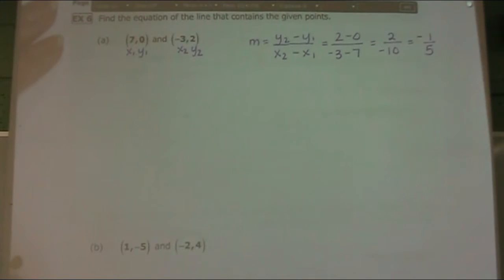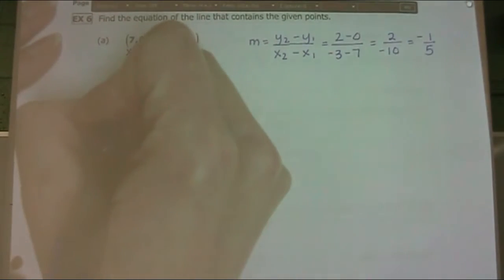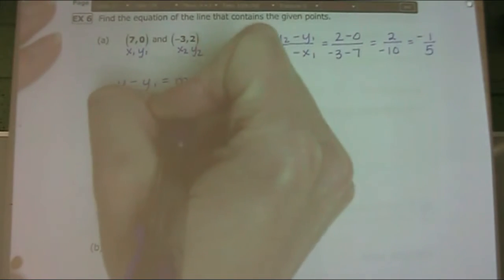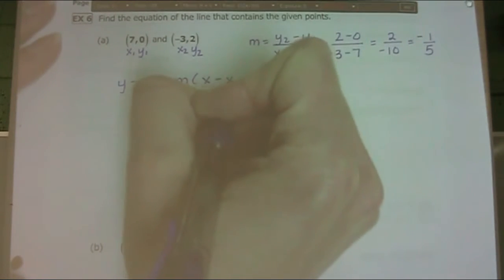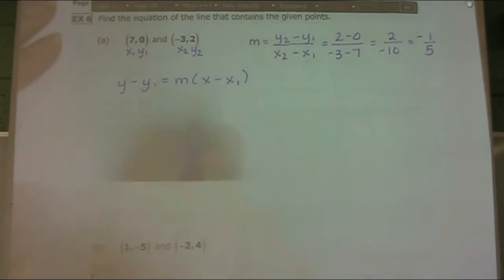My next step is to use that slope and use my point x1, y1 in the point slope formula. So I have y minus y1 equals m times x minus x1. I'm going to plug in y1, m, and x1. And then I'm going to put this in standard form.